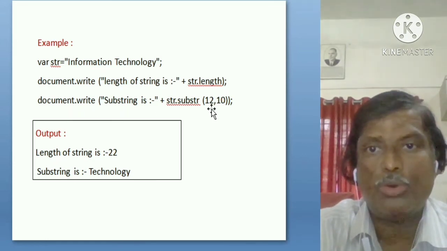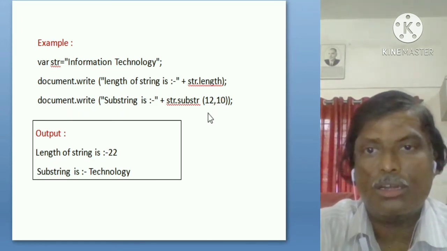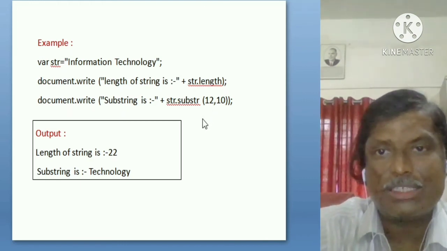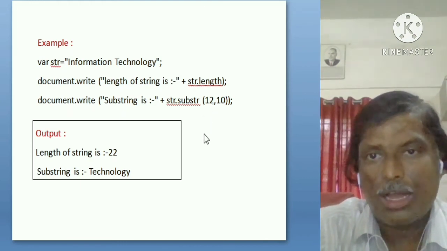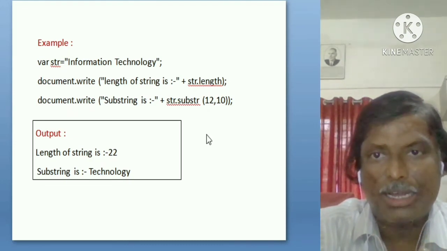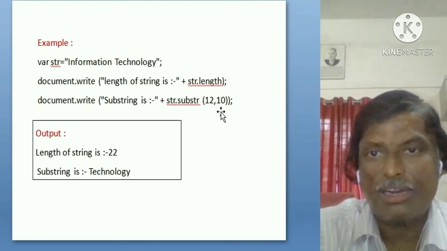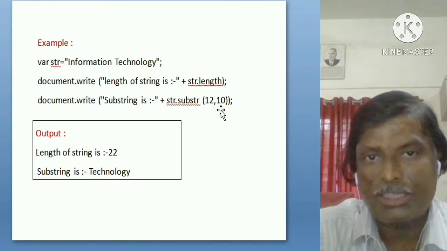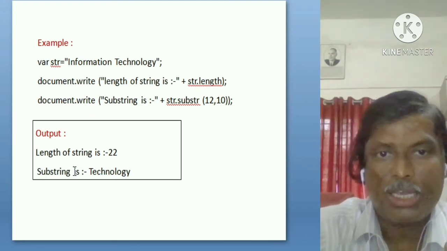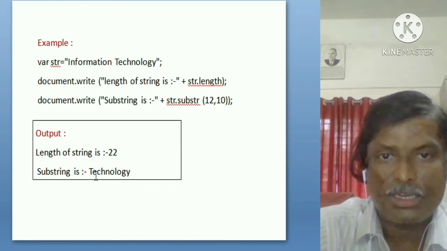So this will take the location 12 and return the characters after that location. This method has to write 10 characters. So see, in the output you will get technology.